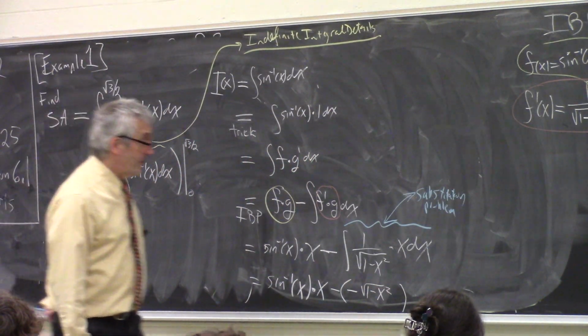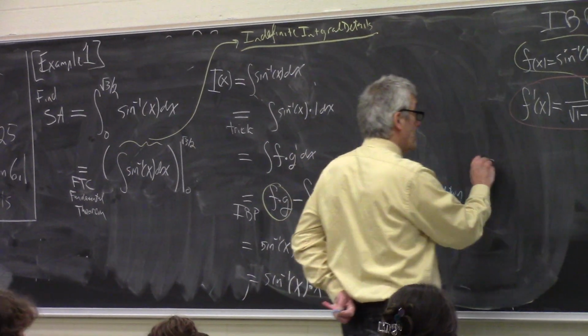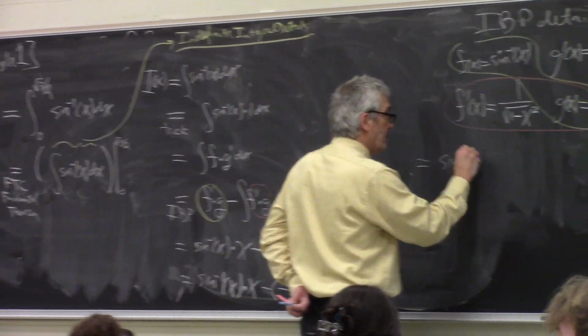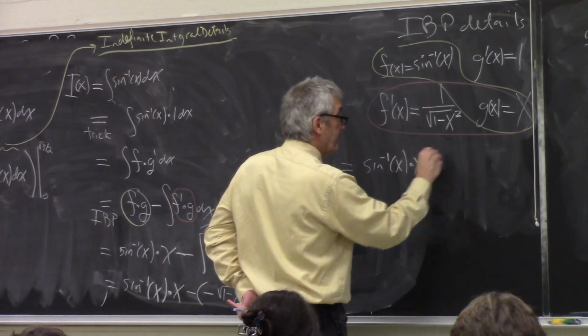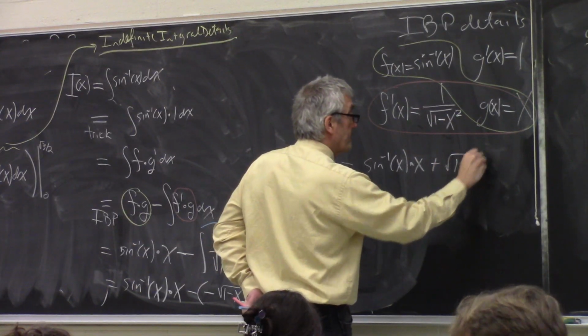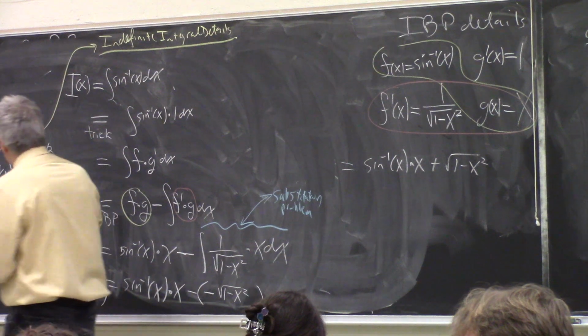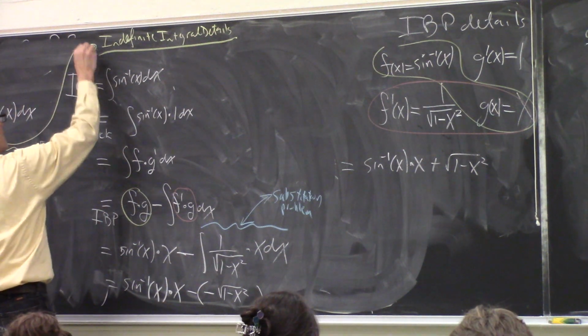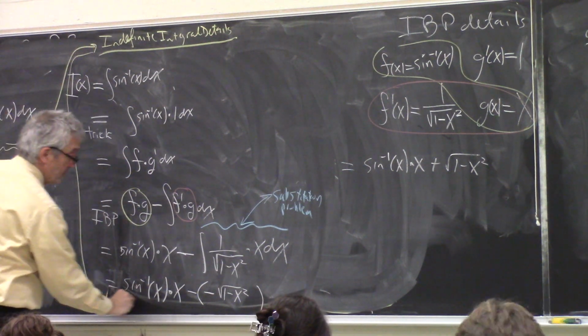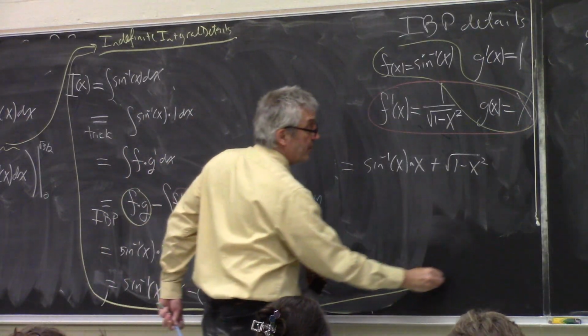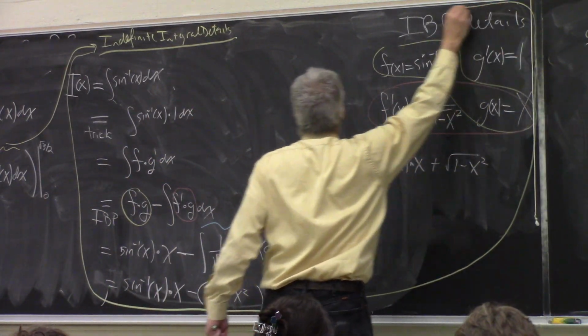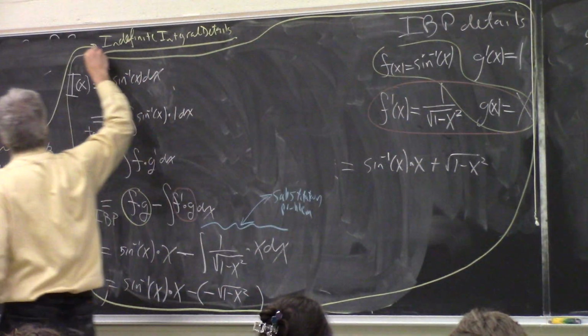Now let's simplify this. This is equal to sine inverse of x times x plus square root of 1 minus x squared. That, all that junk, was my side calculation of this indefinite integral.